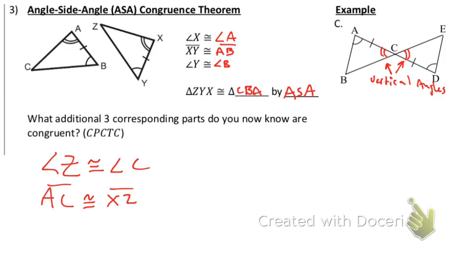We can say CB is congruent to ZY. And now if you notice, we have all three angles and all three sides congruent. And we can only say this once we know the two triangles are congruent.